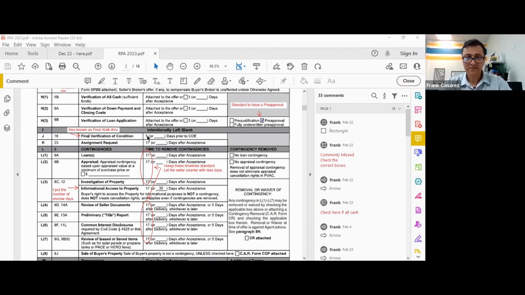What are you looking for? You're looking for new damage. Remember, sellers on the way out aren't as careful and cautious with the property as when they were moving in or while they were living there. So it does happen. I have been to final walkthroughs where there are drag marks on the floor, broken windows, dings in the wall.